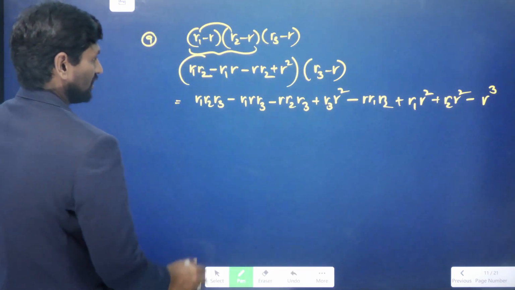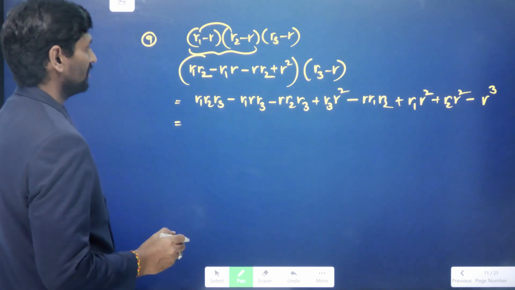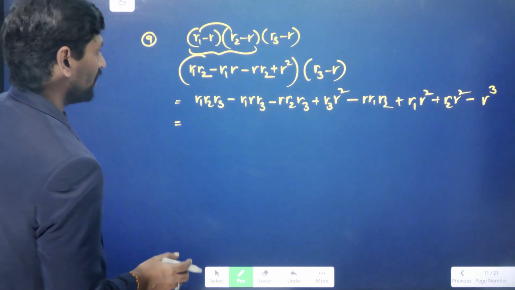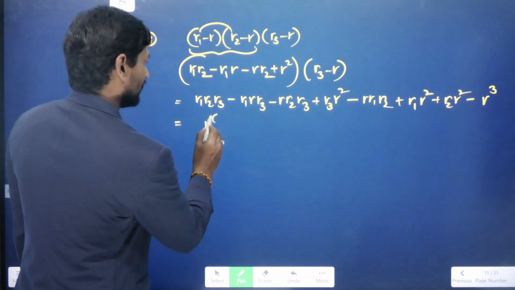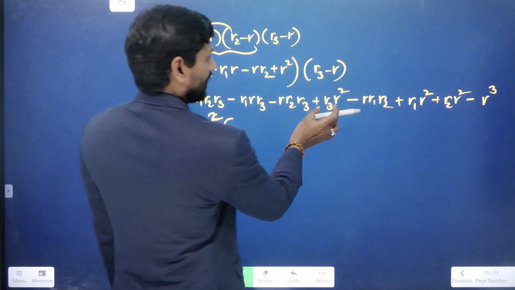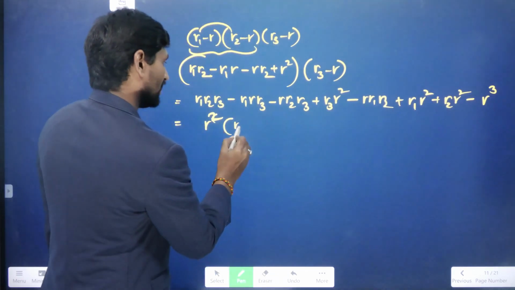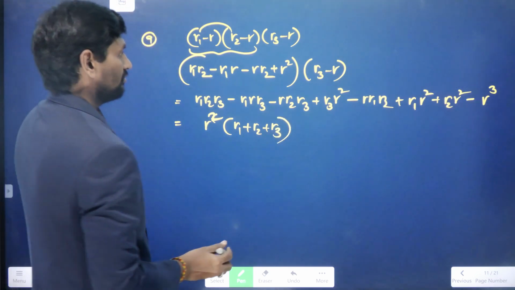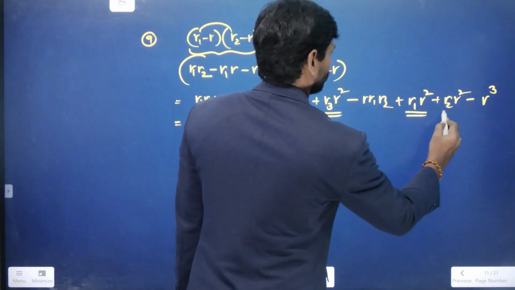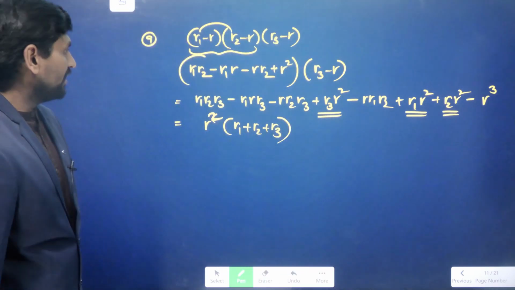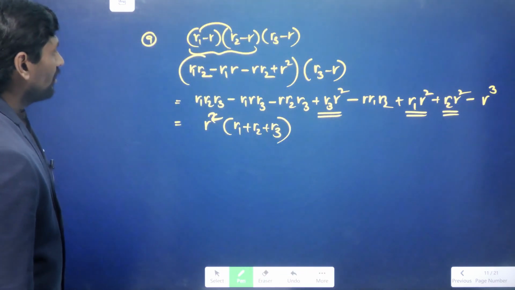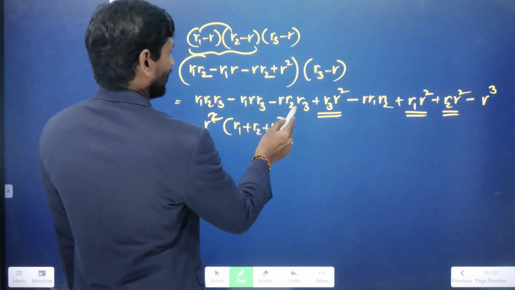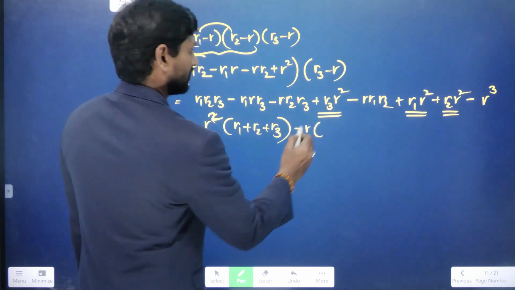Okay. Now I am going to take the common terms. Yeah, r square terms I am taking common. So r square, if I take common, what will remain? Here r cube, r1, r2. So simply I can write r1 plus r2 plus r3, from these 3 terms. And from the remaining, these 3 minus terms, minus r I am going to take common.